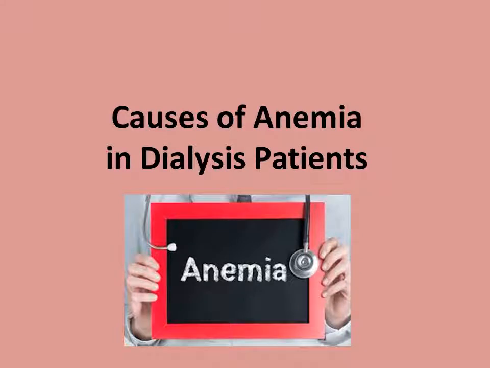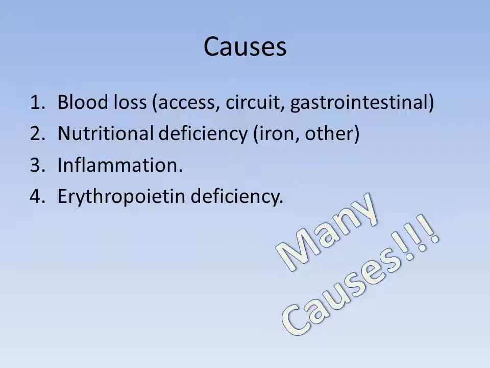Okay, let's first talk about the causes of anemia in dialysis patients, and there are many. So for starters, dialysis patients can lose blood. It's a very common problem. Second of all, dialysis patients oftentimes have nutritional deficiencies such as iron and folate and B12. Chronic inflammation, which is highly prevalent in dialysis patients, also can contribute to anemia.